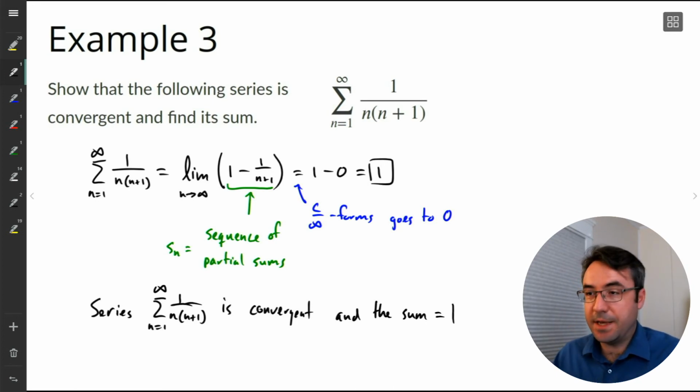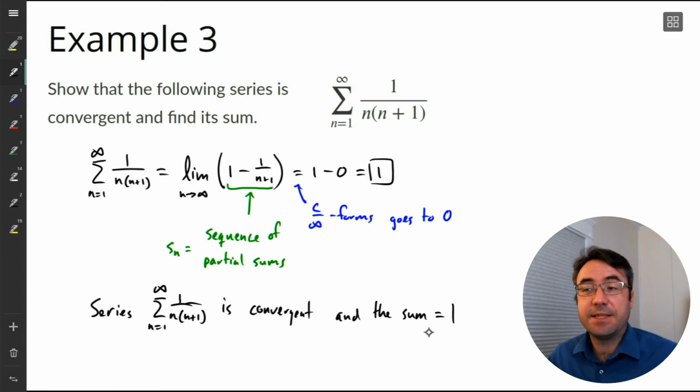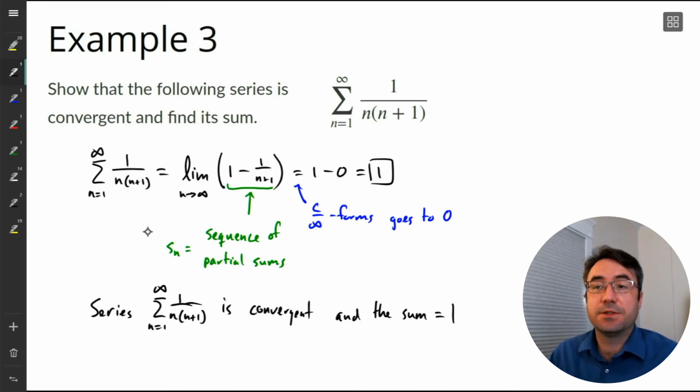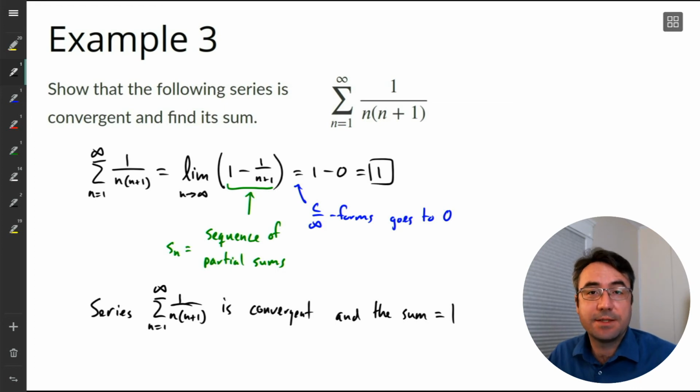So that's what this is saying. The fact that we calculated this limit and we got a numerical value told us two things. Our original series is convergent, and that's actually what our sum is. It's equal to 1. So if we were to add up all those terms, we're getting 1. That's the sum. So pretty remarkable.